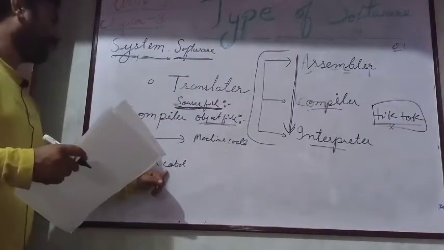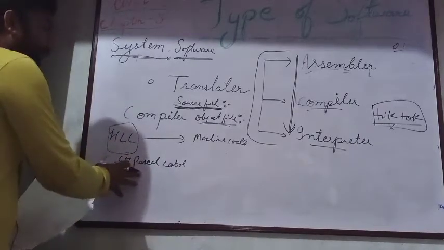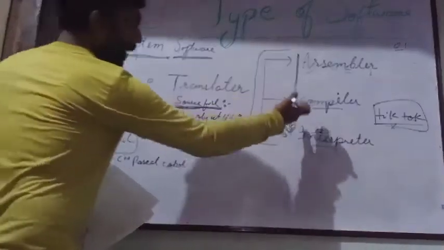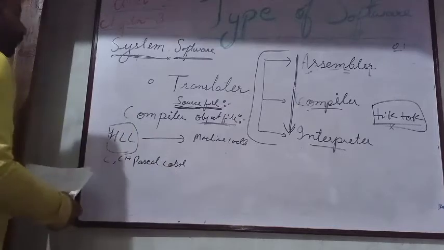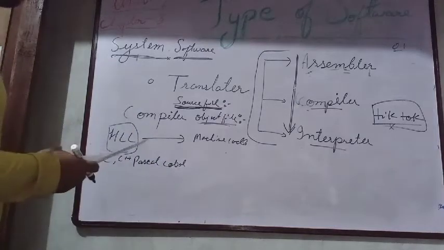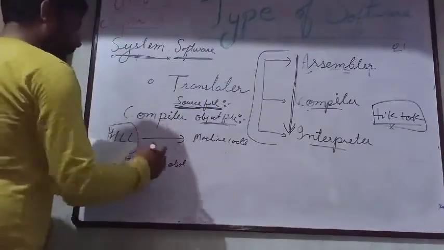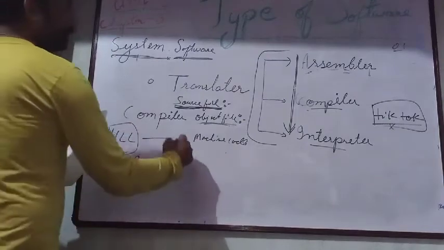So these are the languages which come under the high level language, and the translator used inside this is the compiler. Not only these, many more languages are used in the high level language of compiler.